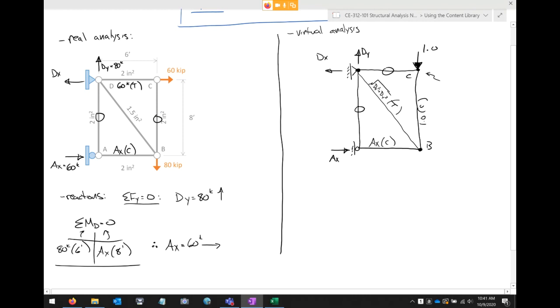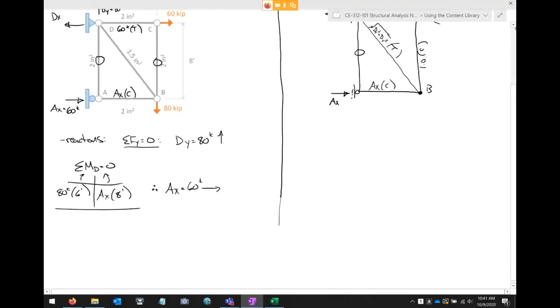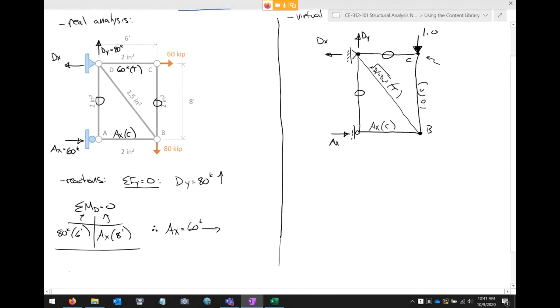And if AX is 60 kips going that way, if I sum forces in the X direction, somebody tell me what DX has got to be. 120 kips. There you go. 120 kips to the left. So 120 kips going that way.